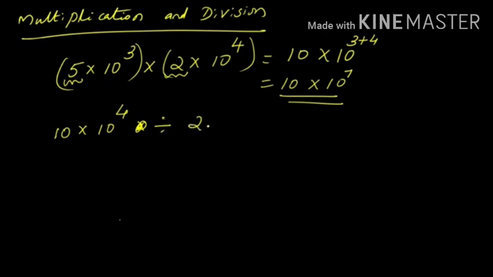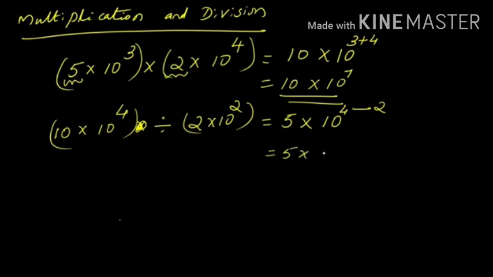Okay, so we can look at the next example. 10 into 10 raised to 4 divided by 2 into 10 raised to 2. So again what we have to do? Do the division first. Take the calculator and do the division first. So 10 divided by 2, it is 5. 5 into 10 to the power of 4 and 2 is there. Since it is a division, what you have to do is subtract the exponents. 4 minus 2. So you will get 5 into 10 raised to 2 as the answer.